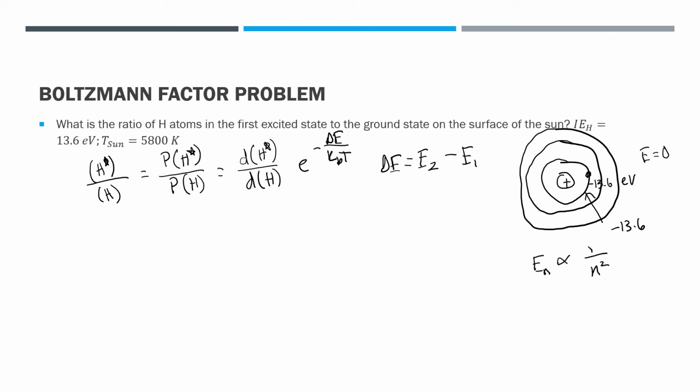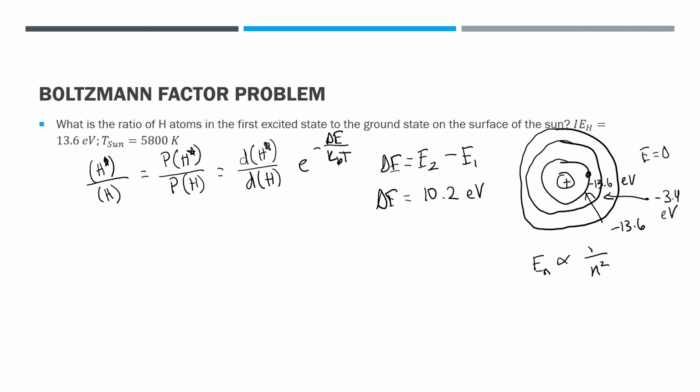That means for our second state, because it's proportional to 1 over n squared, we must divide negative 13.6 by 4, because we divide by 2 squared. So our second energy level has an energy of negative 13.6 divided by 4, which is negative 3.4 electron volts. Now we can find the change in energy, the delta E. Our delta E is negative 3.4 minus negative 13.6, which gives us 10.2 electron volts.